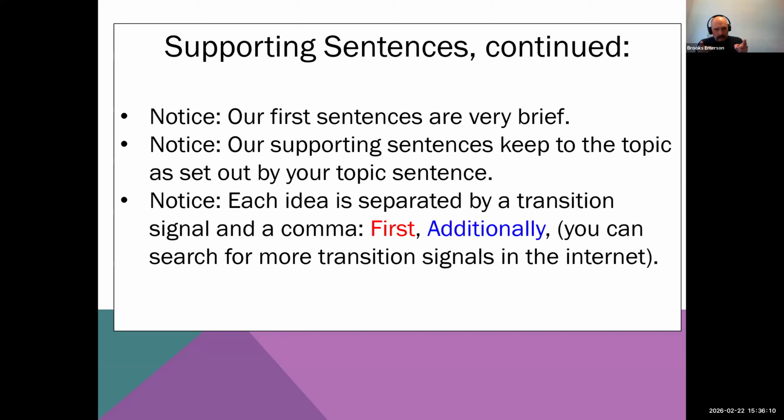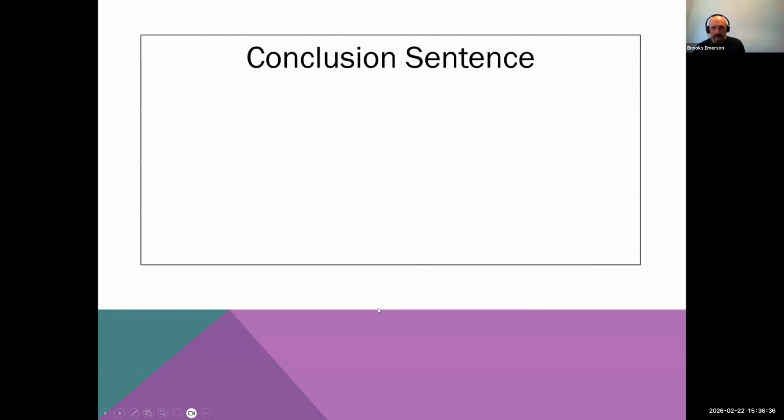Cars cause pollution in Istanbul. First, they cause air pollution. Additionally, they cause noise pollution, and you can see the transition signals. First, comma, additionally, comma. And again, you'll find hundreds and hundreds of transition signals on the internet.